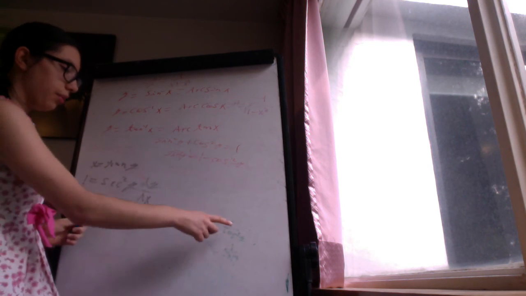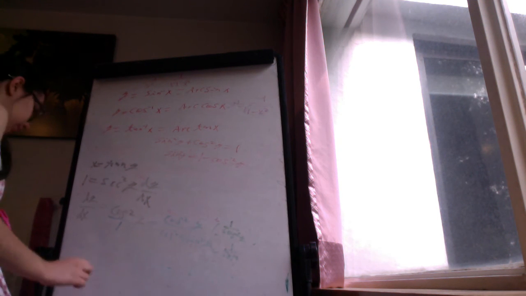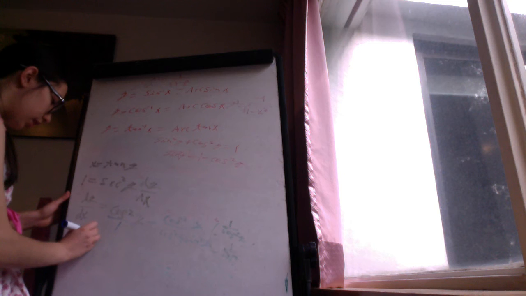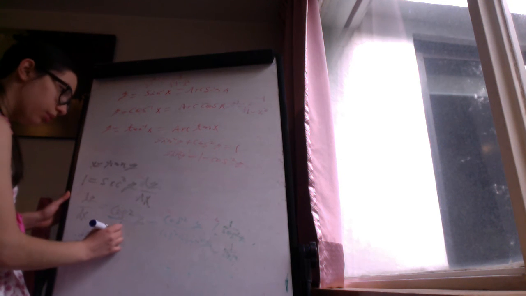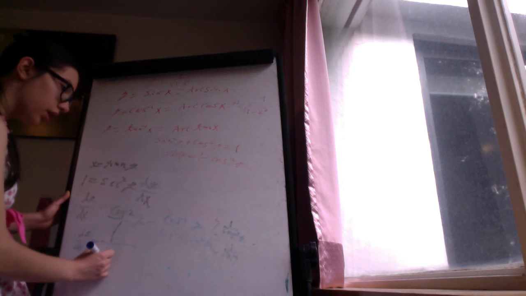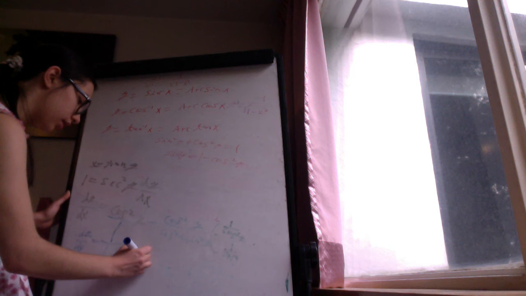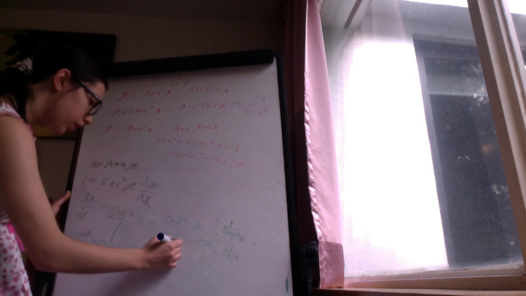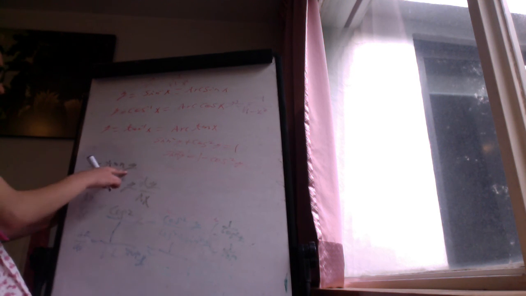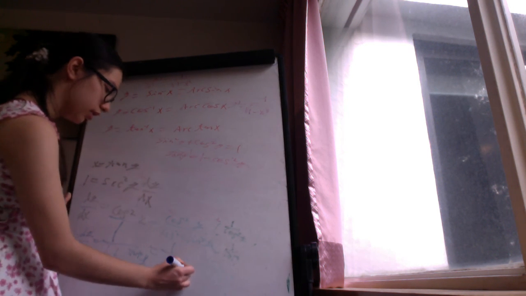So cosine squared y divided by cosine squared y is 1. From there, dy dx is equal to 1 divided by 1 plus sine squared y divided by cosine squared y, which is tangent squared y. So 1 divided by, what's tangent y? It is x. So 1 over 1 plus x squared.